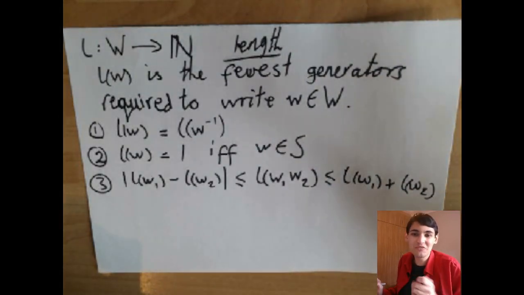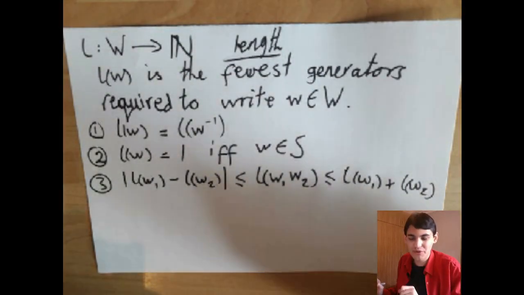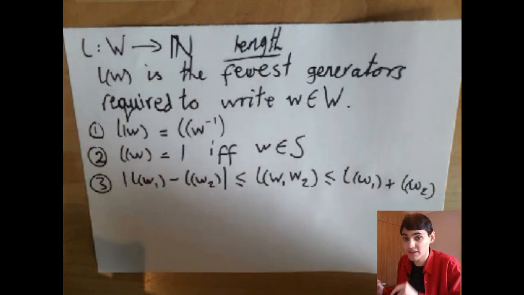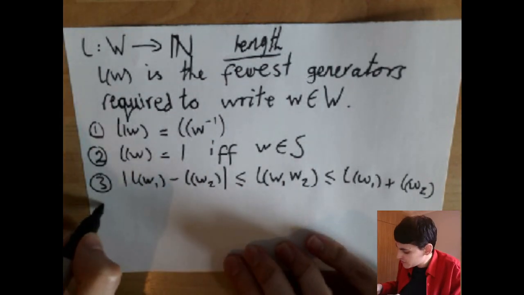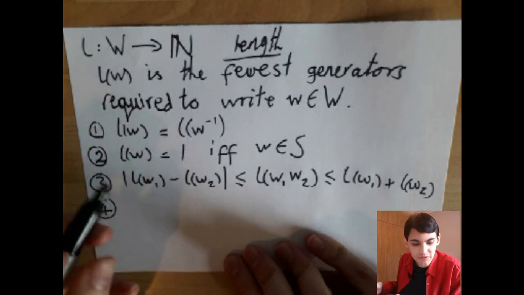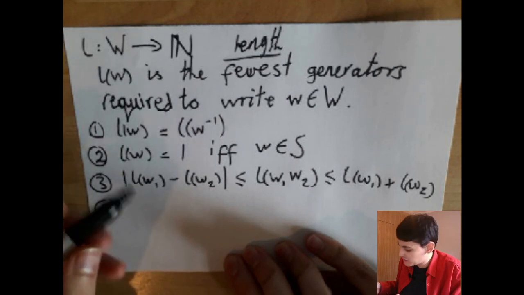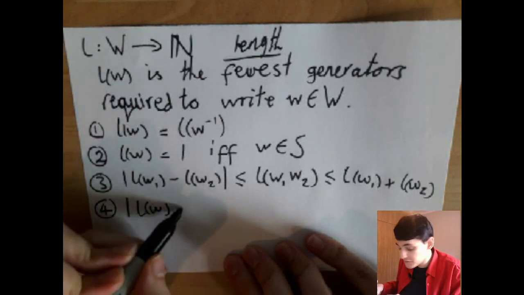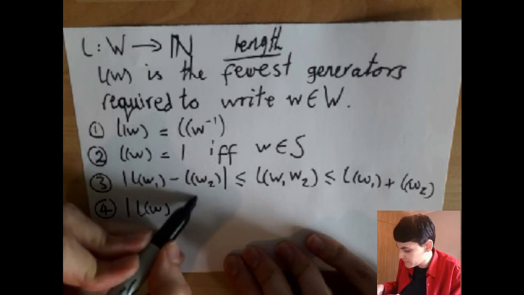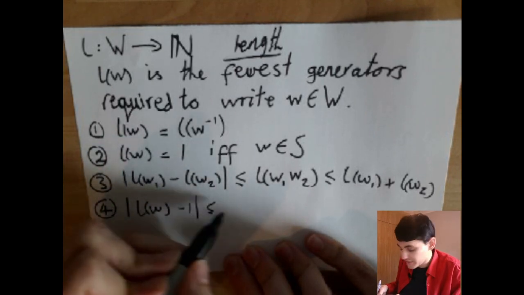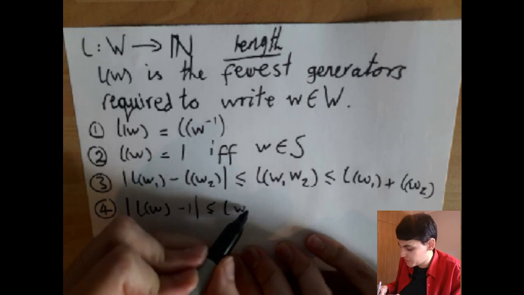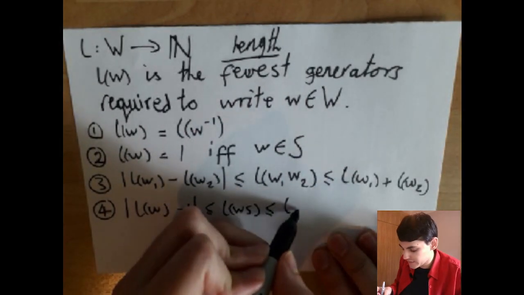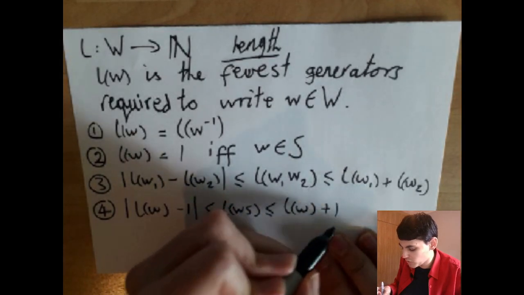It's a nice property, and if you want to see a proof of it, then check out my project, which I've linked in the description below. And then finally, property number 4: the modulus of the length of W minus 1 is less than or equal to the length of WS, and that is less than or equal to the length of W plus 1.